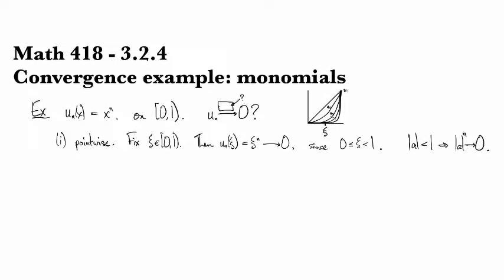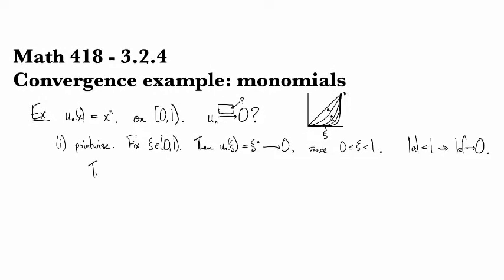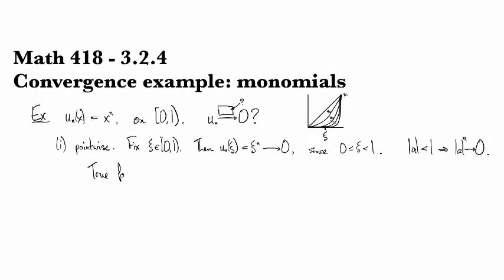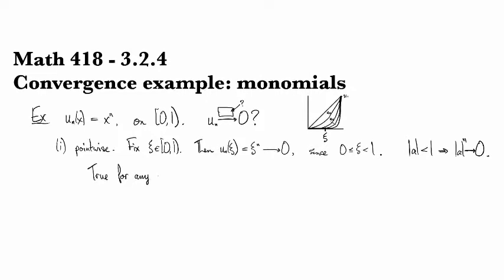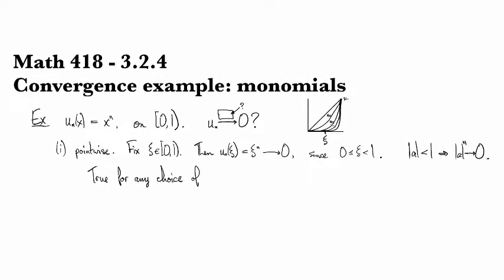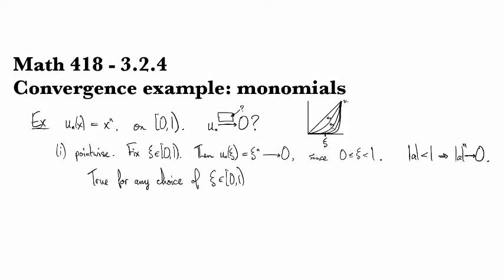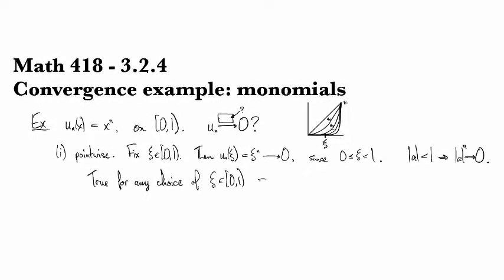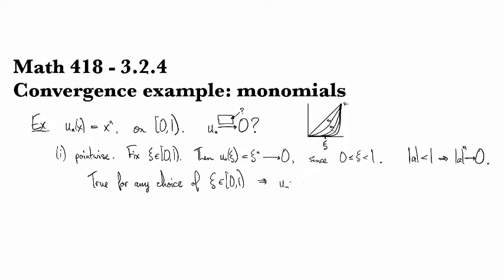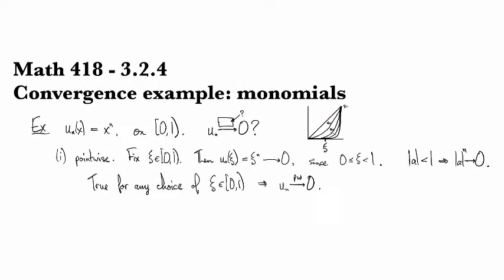So since this argument is true for any fixed choice of xi, that means that un converges to 0 pointwise.